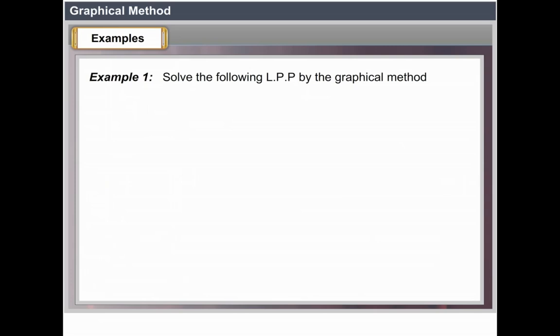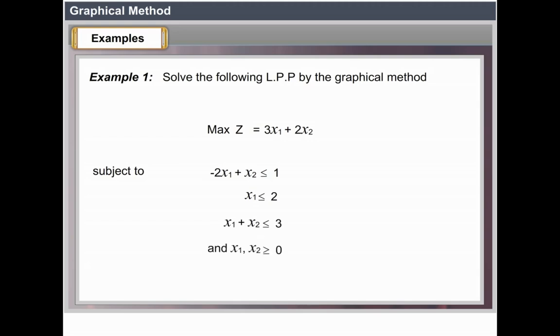Examples. Example 1. Solve the following LPP by the graphical method. Maximize z equal to 3x1 plus 2x2 subject to minus 2x1 plus x2 less than or equal to 1, x1 less than or equal to 2, x1 plus x2 less than or equal to 3, and x1, x2 greater than or equal to 0.